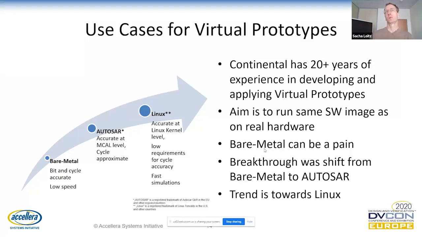By doing that, you can come to a good roadmap, as Manfred has shown at the beginning, for how your virtual prototype needs to be developed and extended over time, to have a good development flow. Also, you can relax a bit on cycle approximation and don't need to be as strict as for bare metal applications.